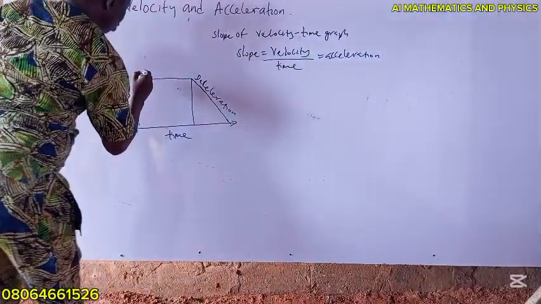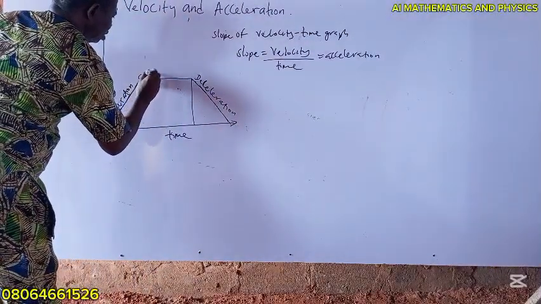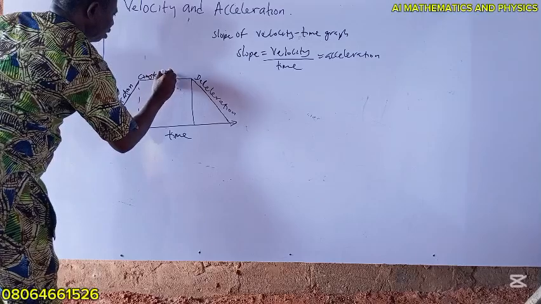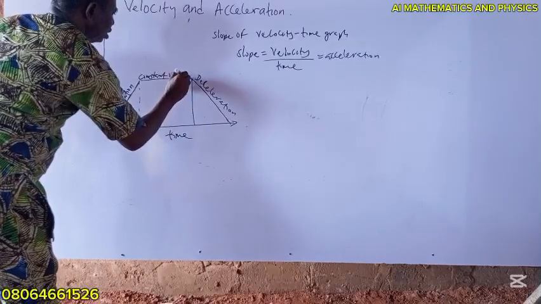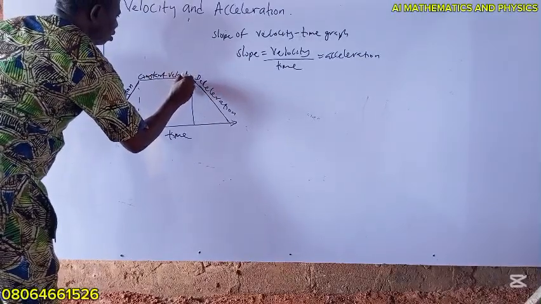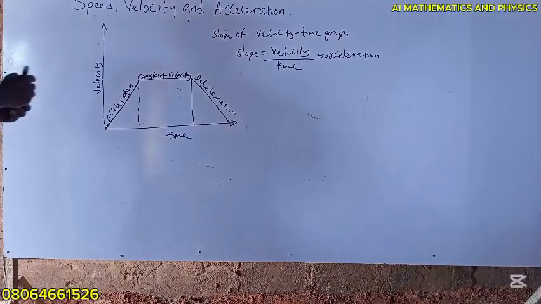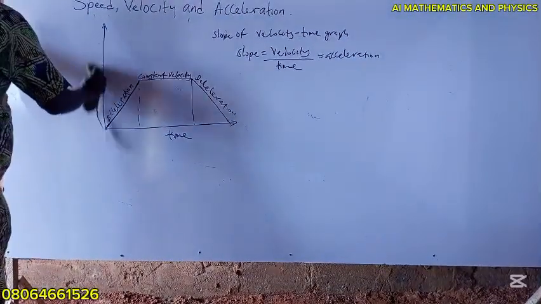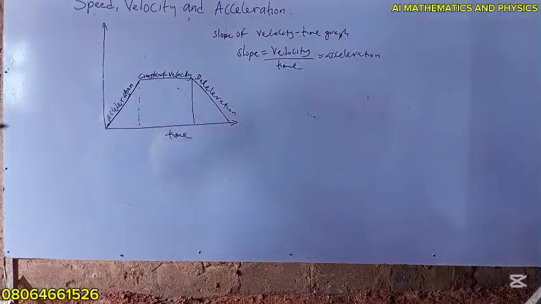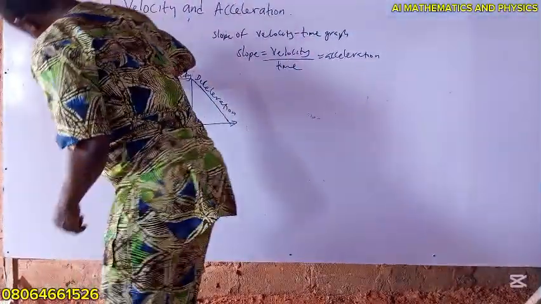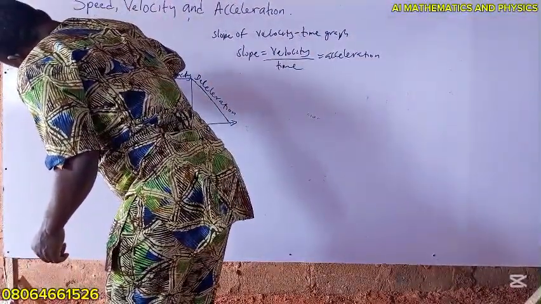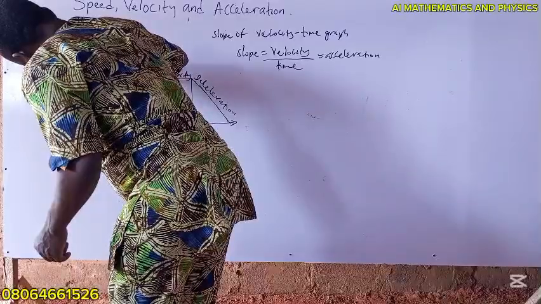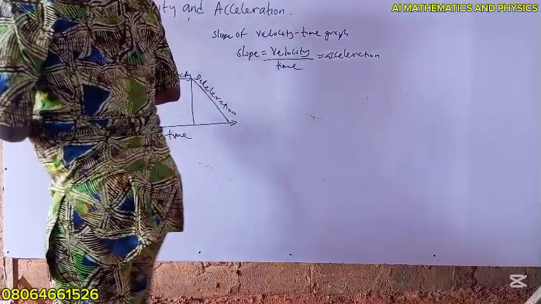This place, we call it constant velocity. It means that when we have a velocity-time graph, we can find many things here. Number one, we can find velocity.